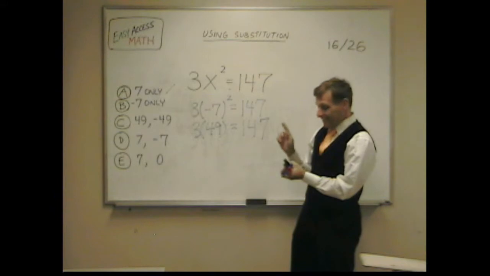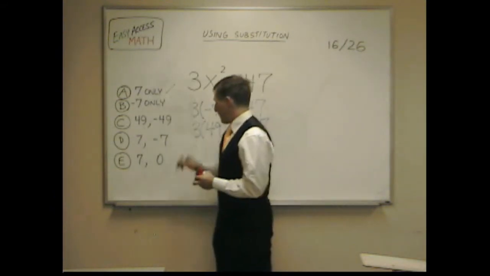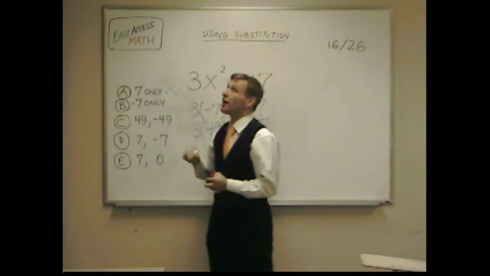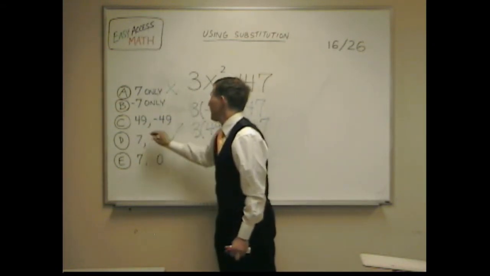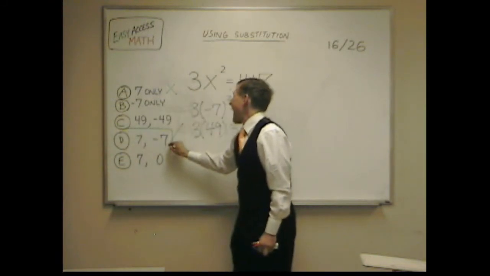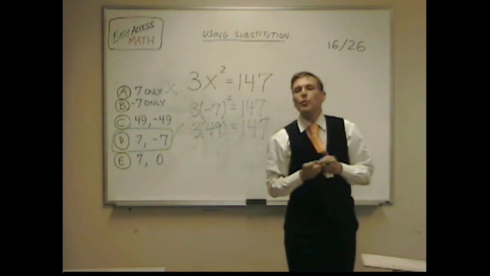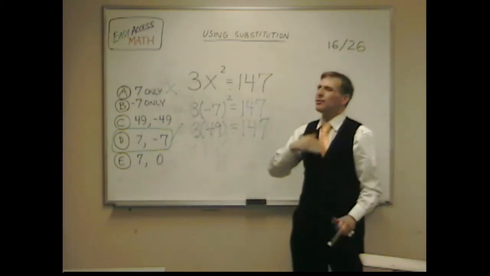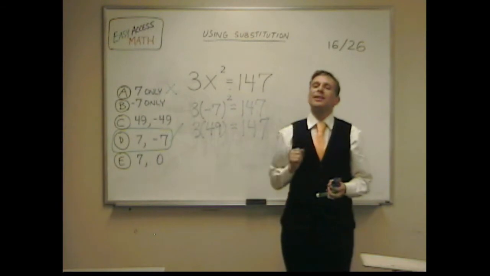So we see that 7 and negative 7 work. So this would not actually be a complete answer. It's not 7 only. It's D, it's 7 and negative 7. Whenever you see something with a square like that, check. There may be 2 solutions.